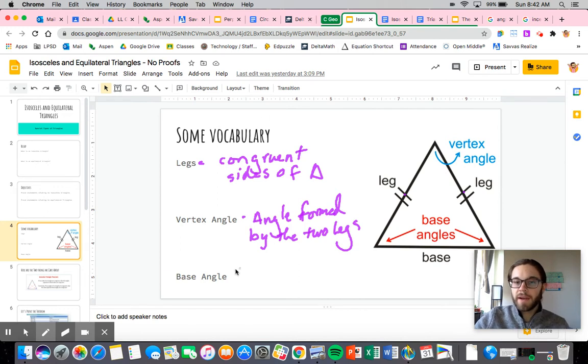And then finally the base angles. There will be two base angles. So we have the two legs, and then the third side is the base. The two angles that are formed by the intersection of each leg with the base are the base angles.